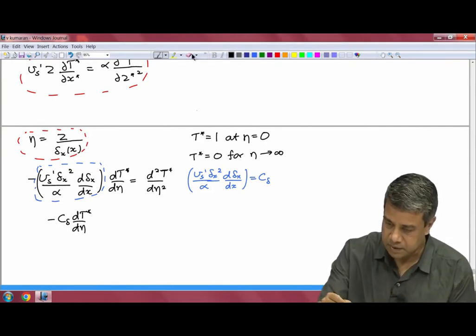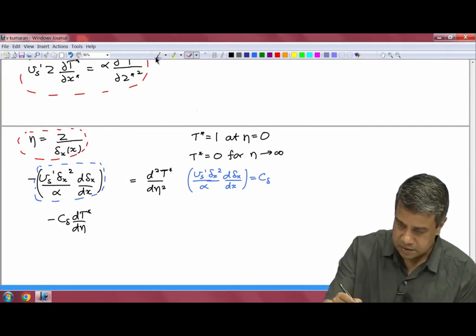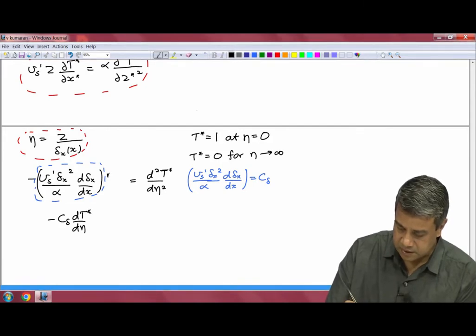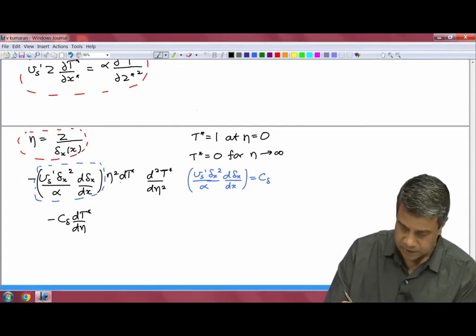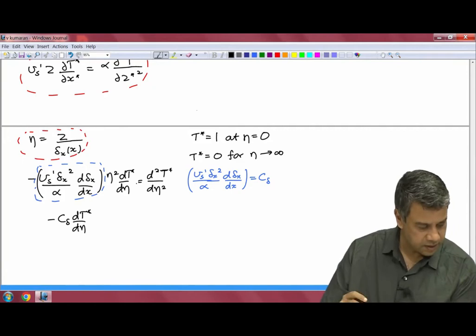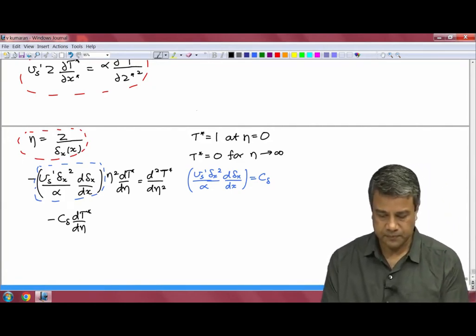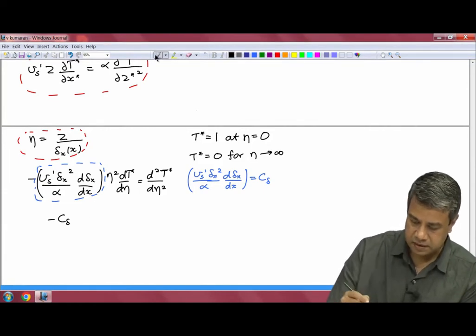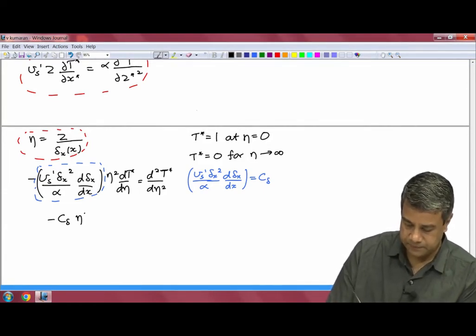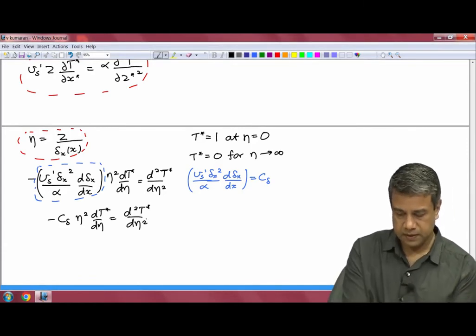My apologies, I made a mistake here, it should be eta square. It should be eta square dT by d eta. You can go back and check the calculation in the previous lecture.